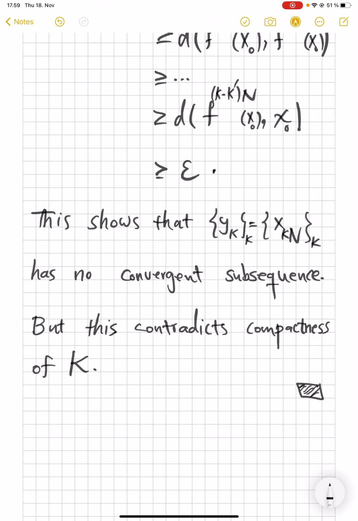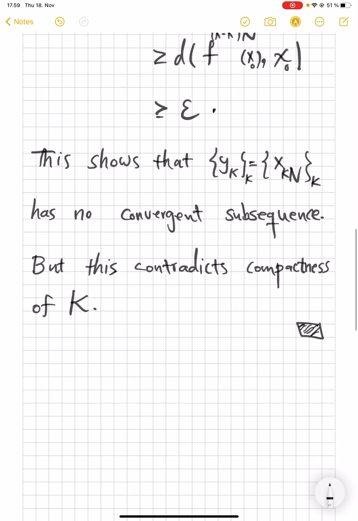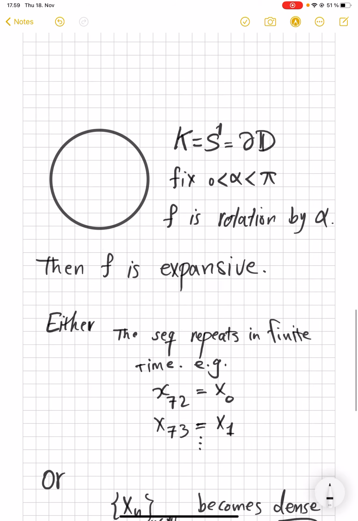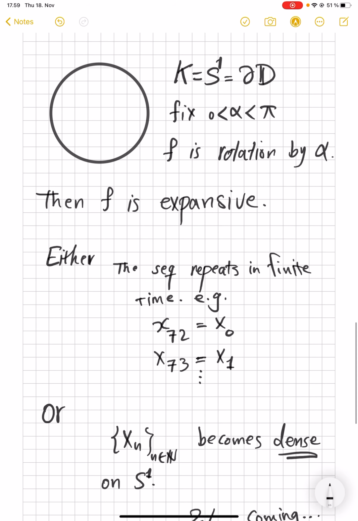So some subsequence will go back and revisit x0 again and again. I'm going to end with an example, and for this example I want to focus on K equal S1, which is the boundary of the disk, not the interior. You fix some real number alpha between 0 and pi, and then f is rotation by alpha.